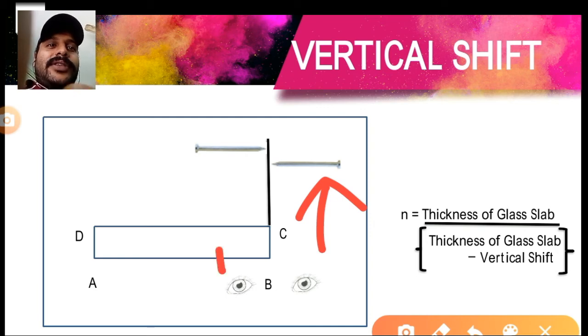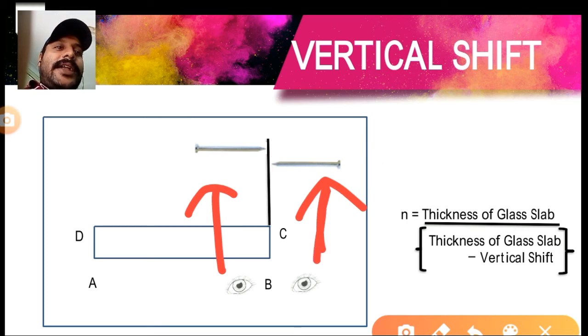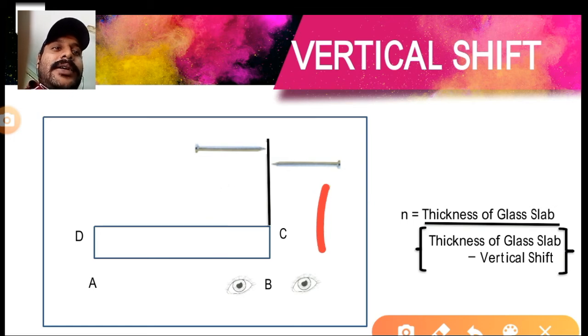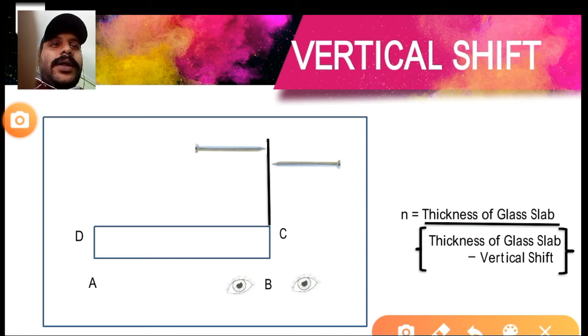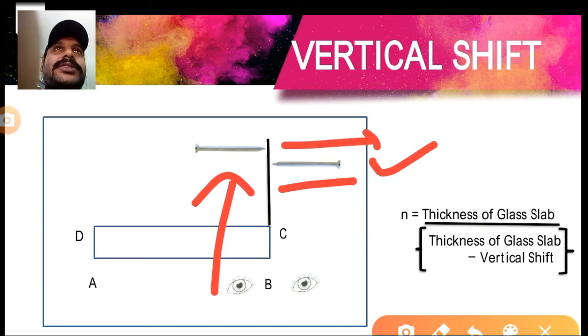One eye will be looking through the glass slab, and with the other eye we will be looking through the air, and we will place the second pin in such a way that these two pins are on the same line. We do not insert the pin, we just place the pin in such a way that those two pins are on a straight line of path.